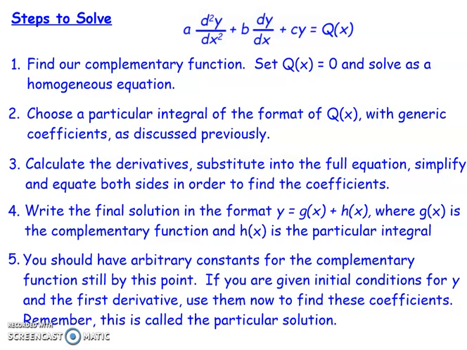Now in this you'll note that your complementary function will still have arbitrary constants in it. Now, if you're given initial conditions for the first derivative and for y, we can use these to find the coefficients. This is what's called the particular solution. If we're asked for the general solution, we will still have those arbitrary constants in play, and we will still have the a and the b there.